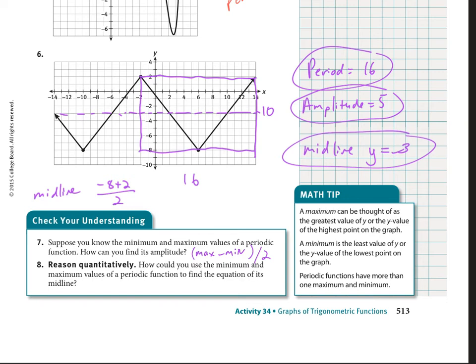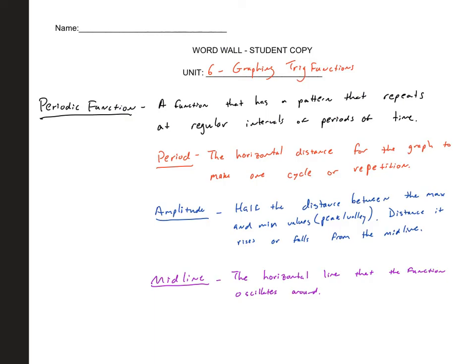Meanwhile, the midline is basically the max plus the min, because I'm doing the average. The max plus the min divided by 2. So it gives you a nice way of getting those, and it might be a good thing to put on your word wall as well. So you've got a few examples like that for your first assignment, and then we'll pick it back up in the second video talking specifically about the sine graph and how it has different periods, amplitudes, and midlines.